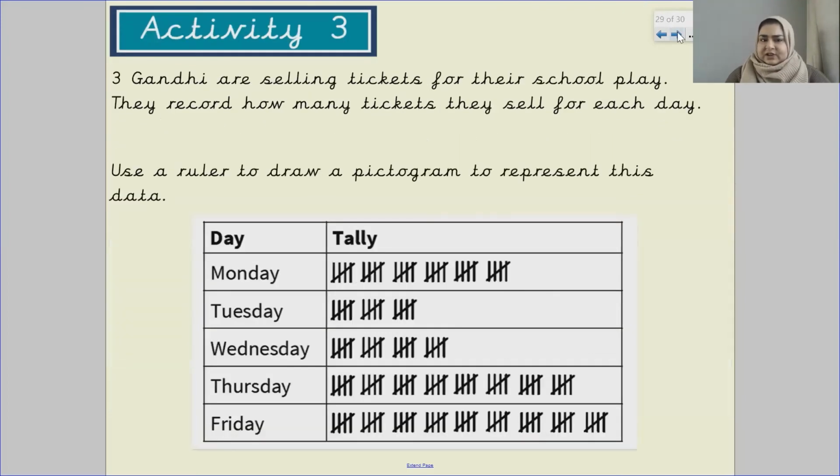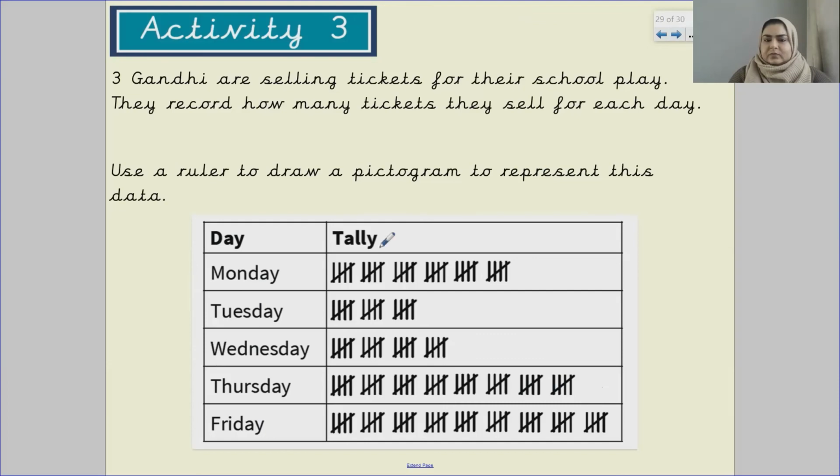Now, activity 3 says 3 Gandhi are selling tickets for their school play. They record how many tickets they sell for each day. I want you to use a ruler to draw a pictogram to represent this data. And if you go back to activity 1, I showed you how to draw a pictogram. The only thing with activity 3 is you're going to have an extra row.